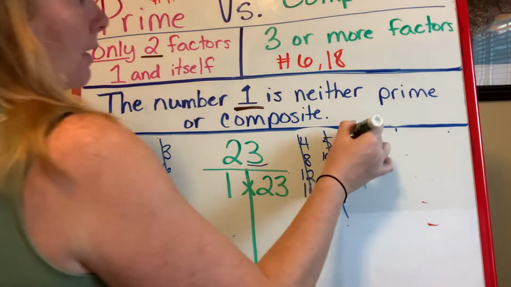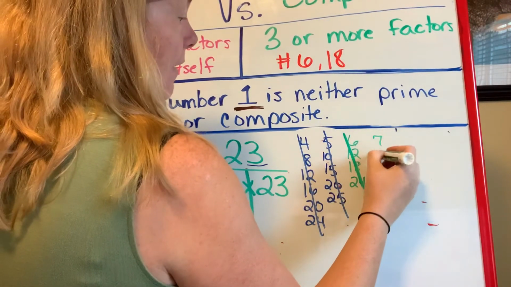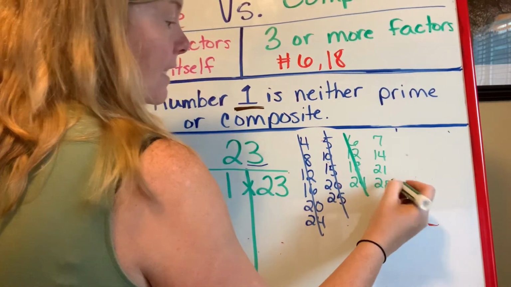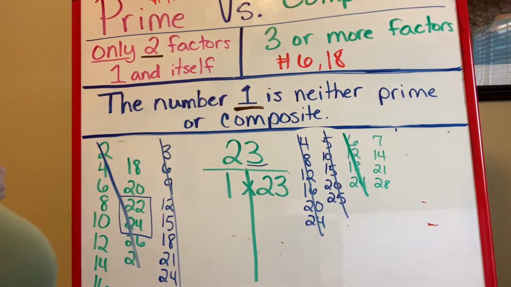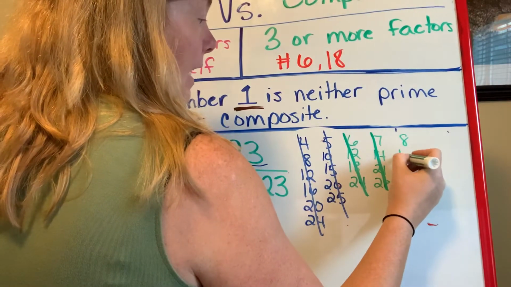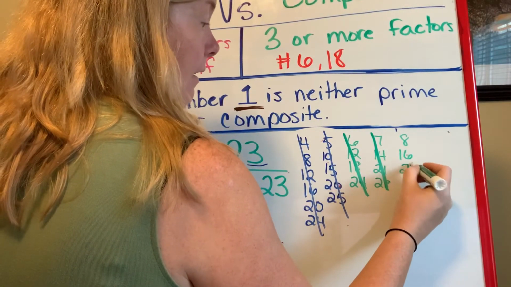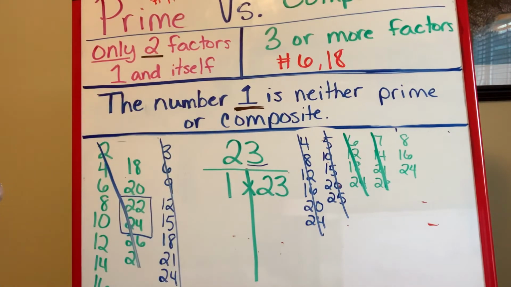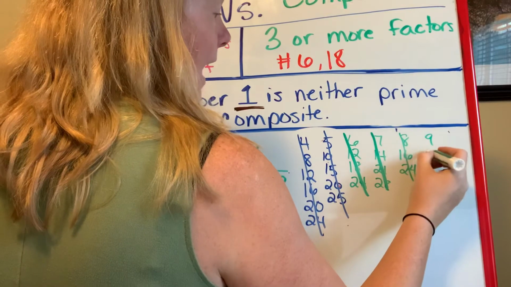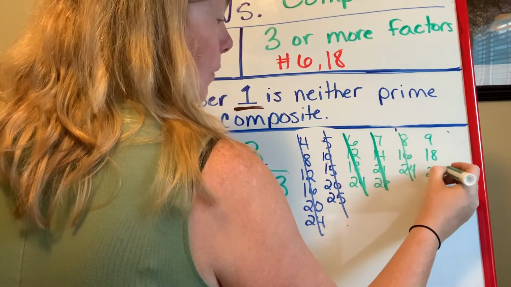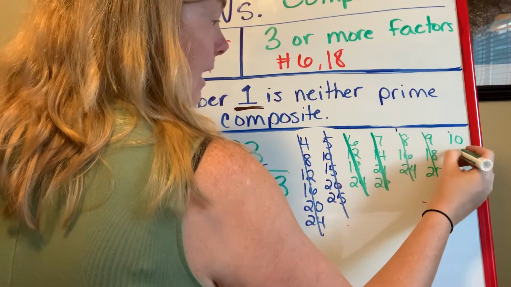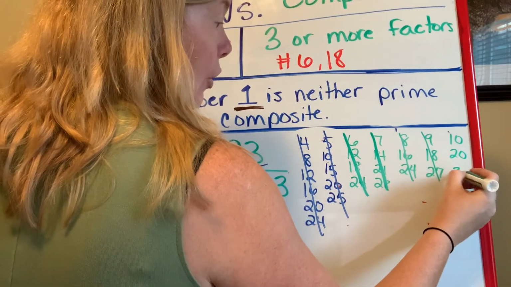Nope. Let's test 7. 7, 14, 21, 28. Nope. Again. Now we test 8. 8, 16, 24. Did I say it? Nope. 9, 18, 27. Nope. 10, 20, 30.